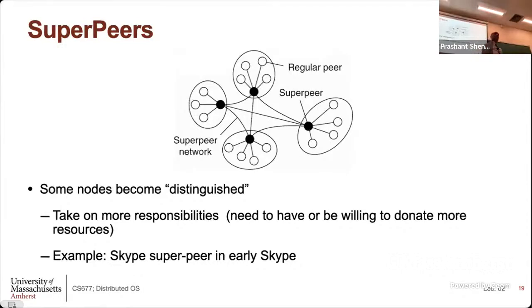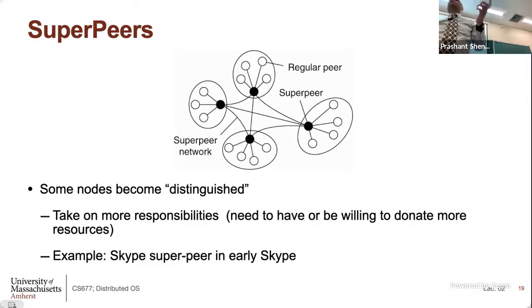Now, there has to be some way for the entire Skype system to know which users are currently logged in and what their IP addresses are. That information was tracked as a peer-to-peer system. So the lookup here is, I want to place a call to this user. Are they logged in? And if so, what is their IP address? The super peer architecture was designed for Skype to scale, because with millions of users, if every node or every phone connected to Skype starts answering questions about who is logged in, that just creates a lot of extra traffic.